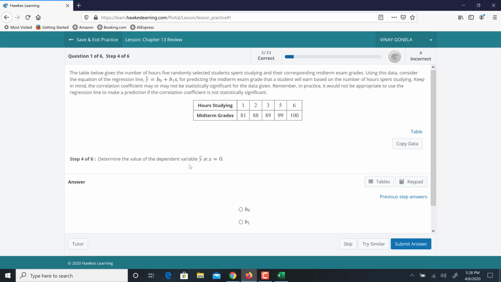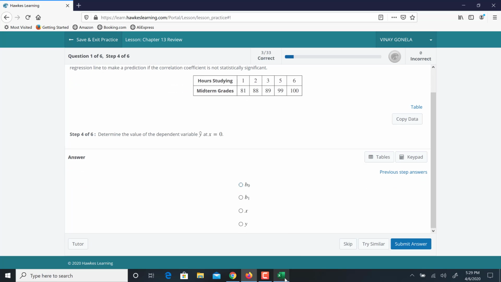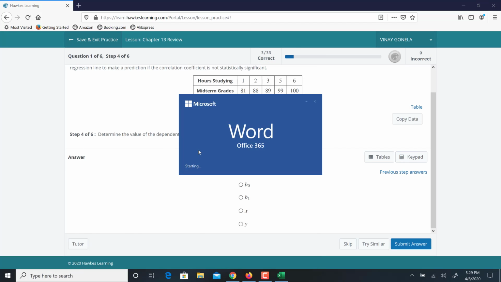And then determine the value of the dependent variable when x is equal to 0. So when x is equal to 0, what would be the value? If you see for this question, I will explain in our document.